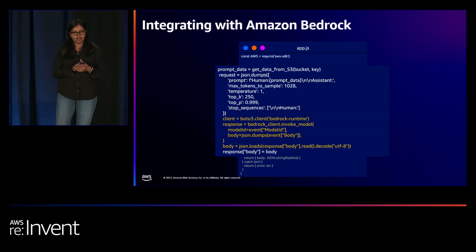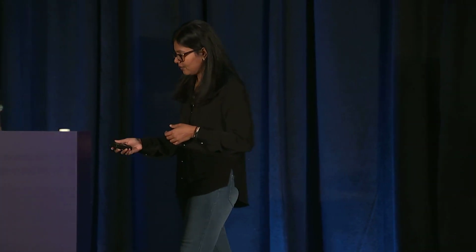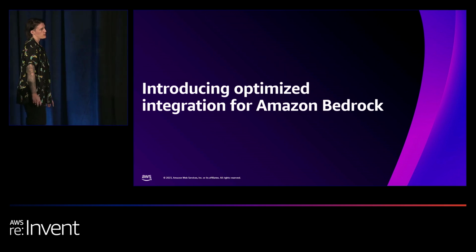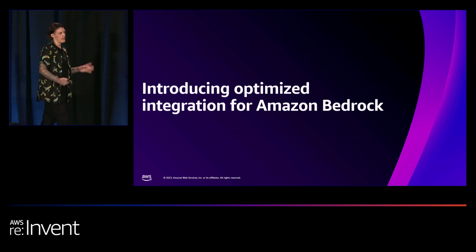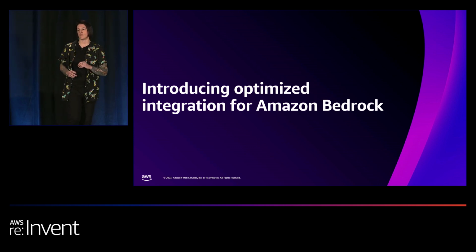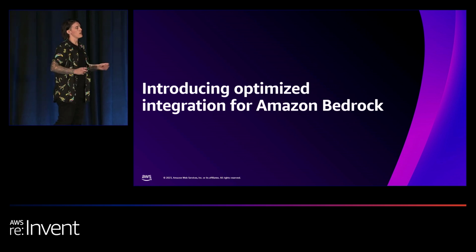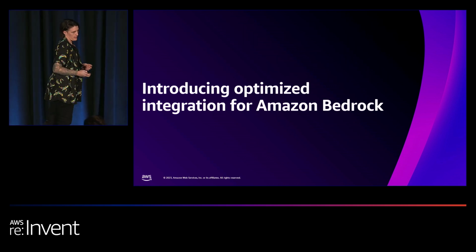So we thought about how we can make this integration simpler and easier for you. And with that, on Sunday, we announced the introduction of 2 optimized integrations from AWS Step Functions to Amazon Bedrock to help you take advantage of generative AI capabilities and accelerate your own development.